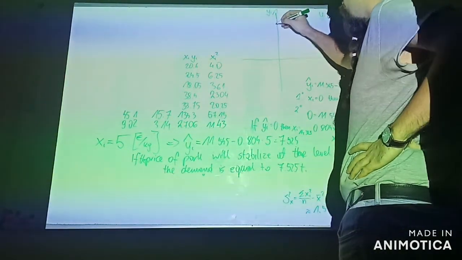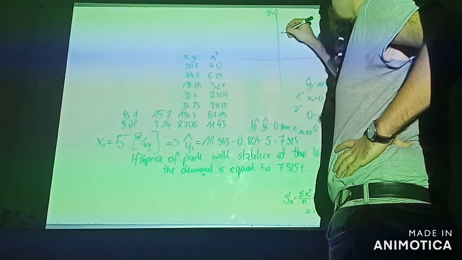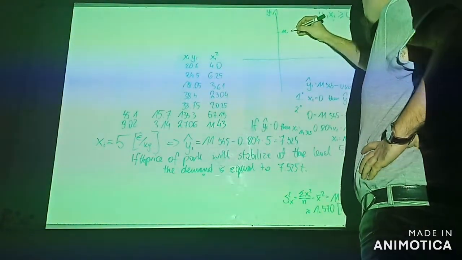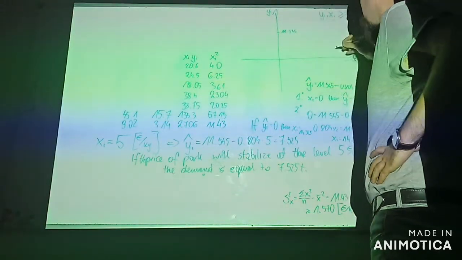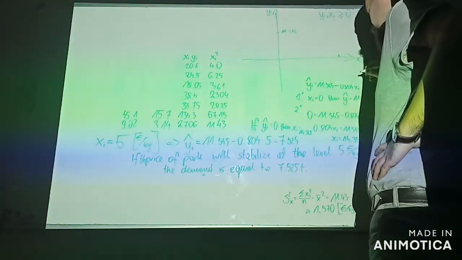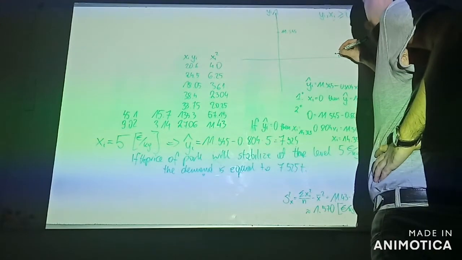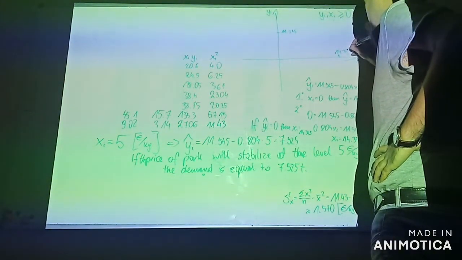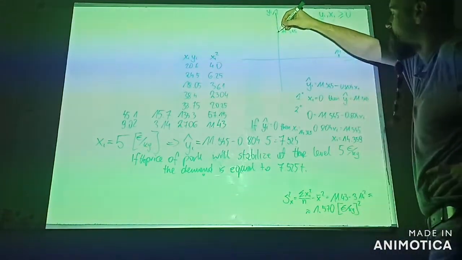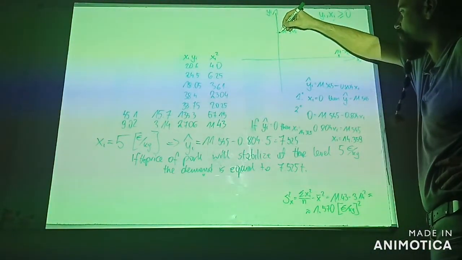We know two cross points, 11.545, and here we have the cross point established at the level of 14.359, and this is our economic model.